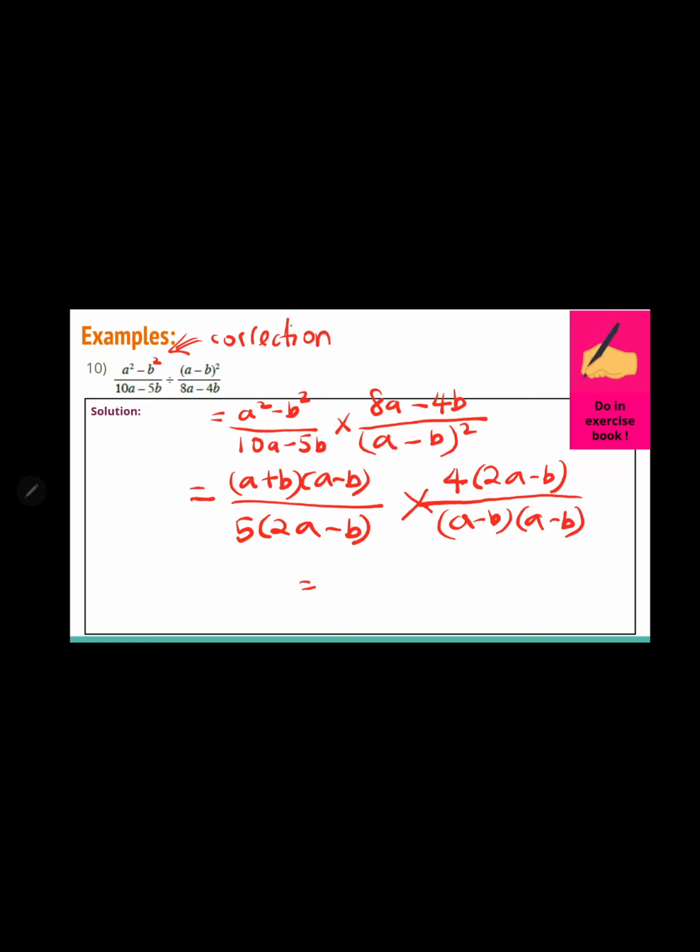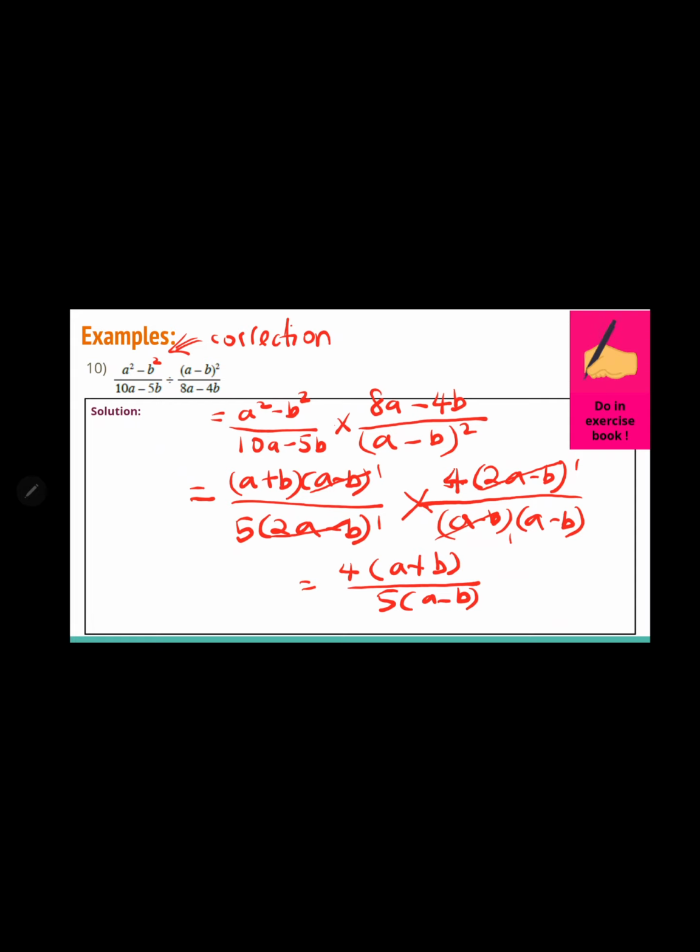So here cancel, this one cancel here. 1, 1, 1. Cancel is not 0, it's 1. So I will get the answer. Yes, this is the answer. Sorry, it took a little bit of time.